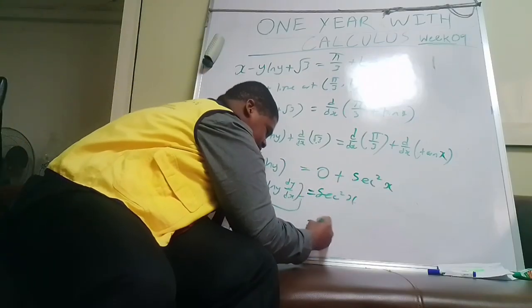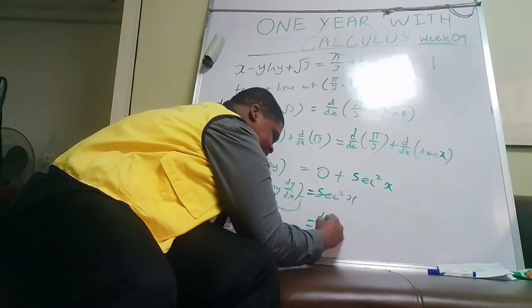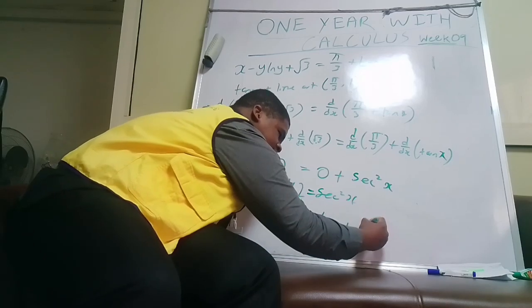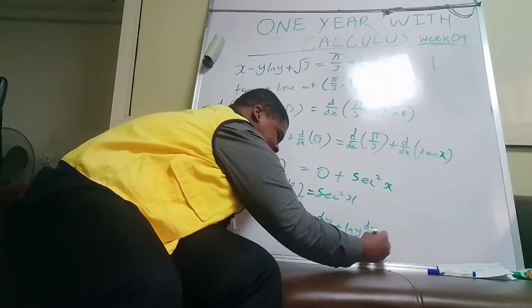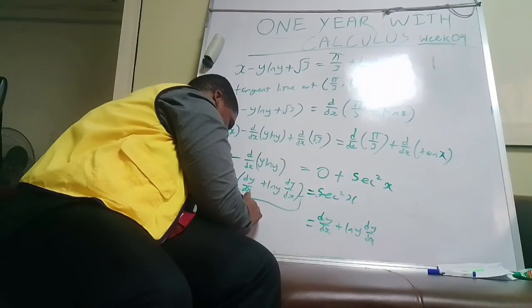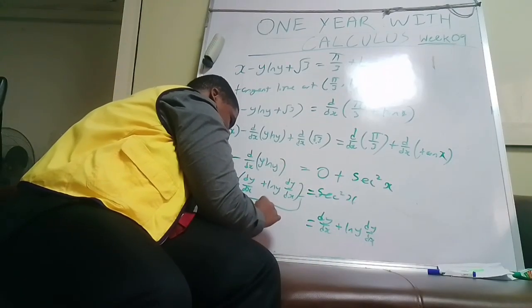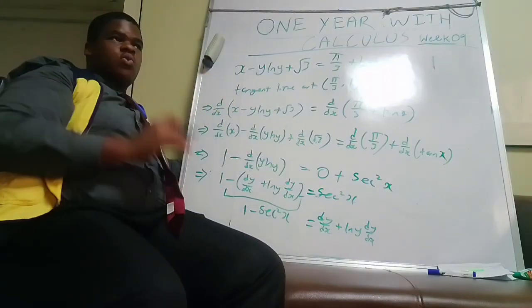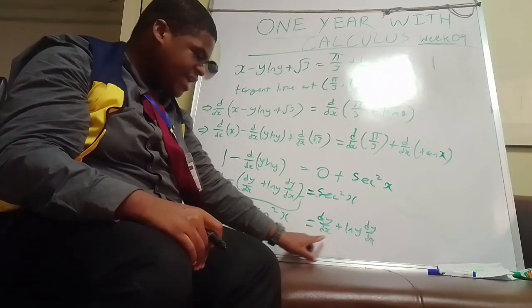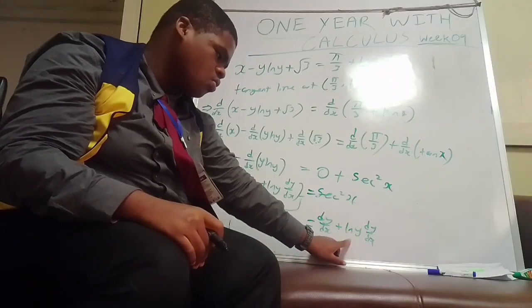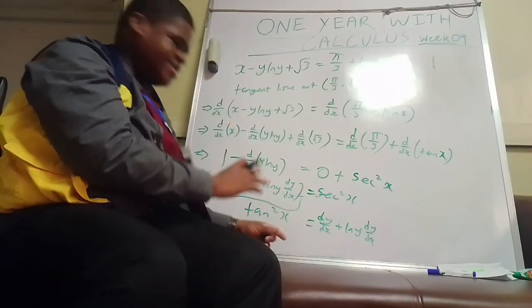So in the right hand side, we have dy/dx plus y dy/dx. Then you move your sec square x to the left hand side. So all you are left with is 1 minus sec square x. But 1 minus sec square x is equal to something times dy/dx. But dy/dx is in 2 terms. It's dy/dx with 1 here and dy/dx with ln y here. So let's factor out dy/dx.